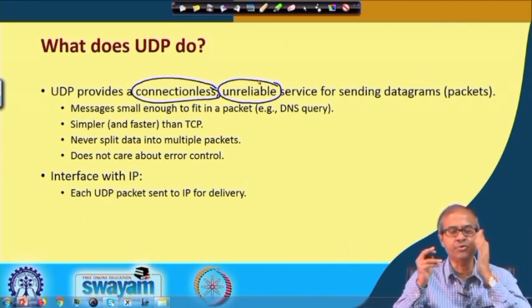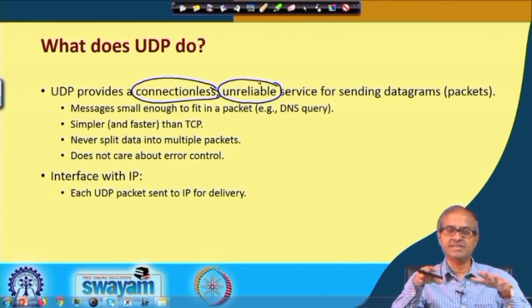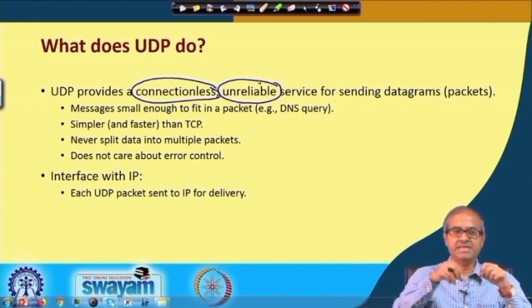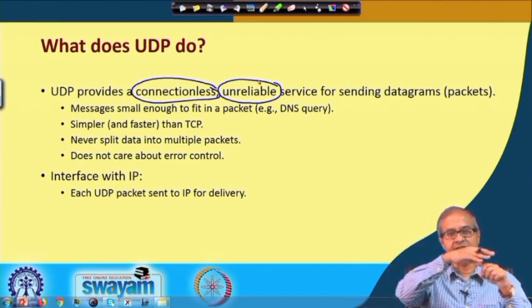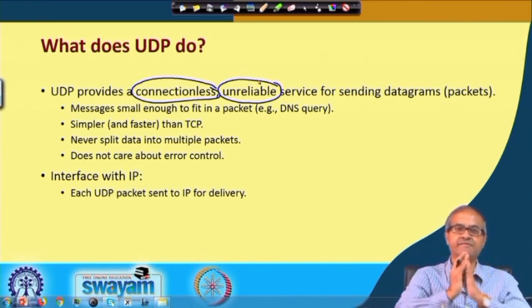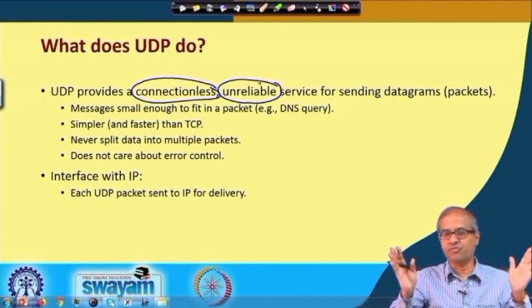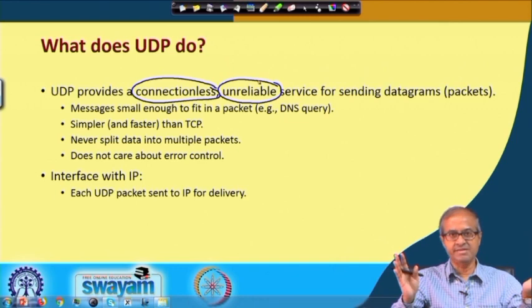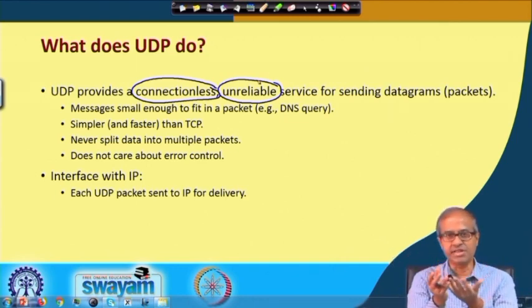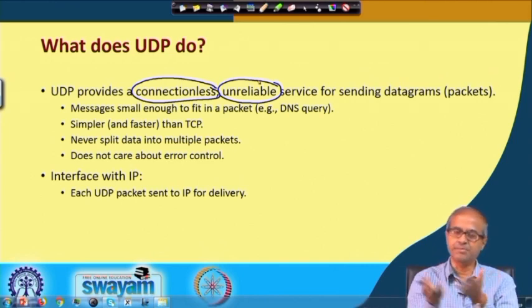That means you can say UDP and IP are very similar. It just provides a transport layer interface to directly interface with IP. It does not provide any reliability like TCP, and it does not order the packets as TCP does. It simply receives the packets as they come.